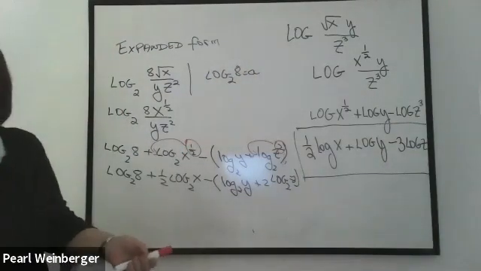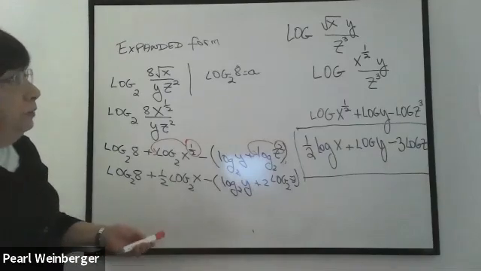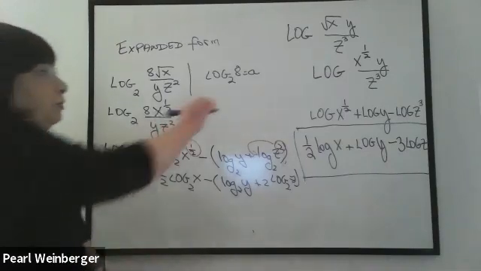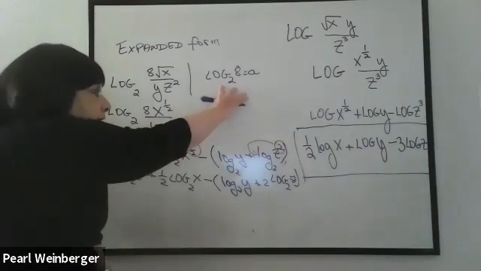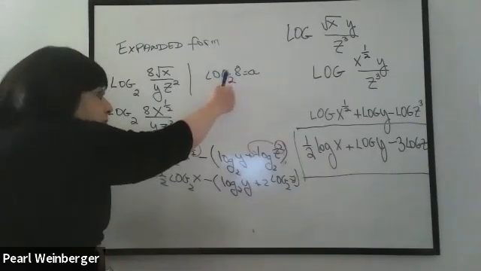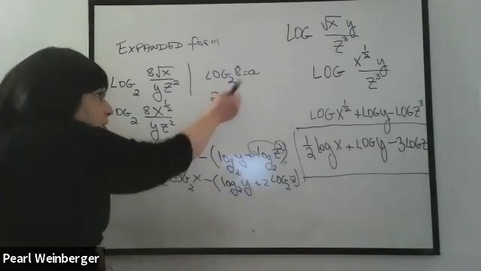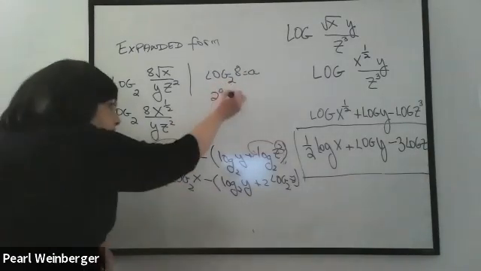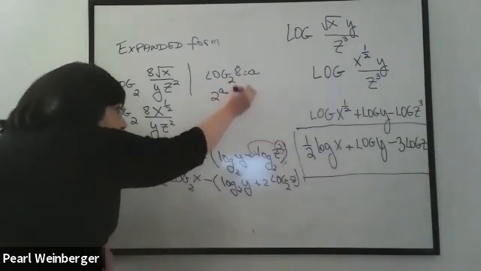Well, if they ask me what the log base 2 of 8 is, I would have to switch this from the logarithmic form to the exponential form, which would give me my base, which is 2. My exponent is the small a that I'm calling it, and that has to be equal to 8.